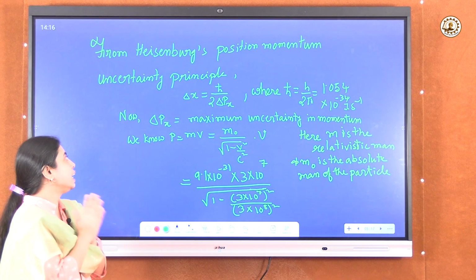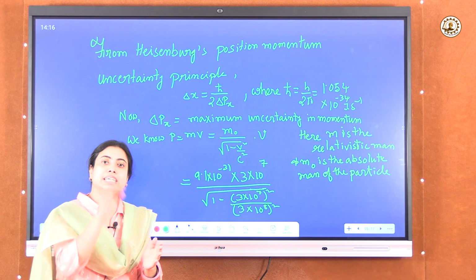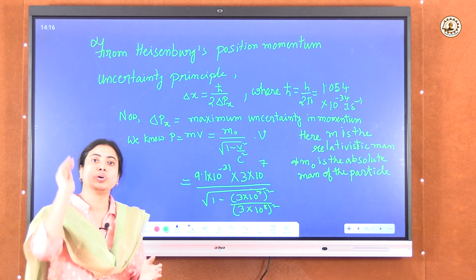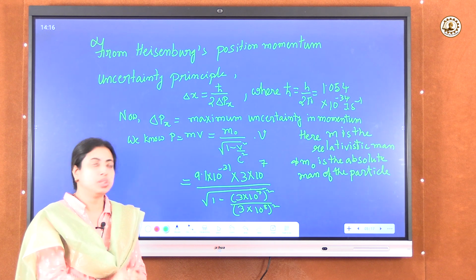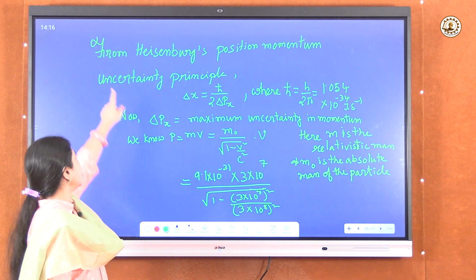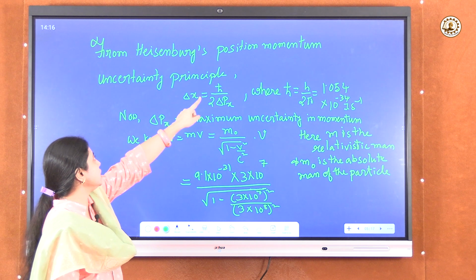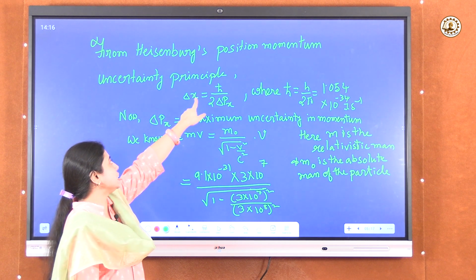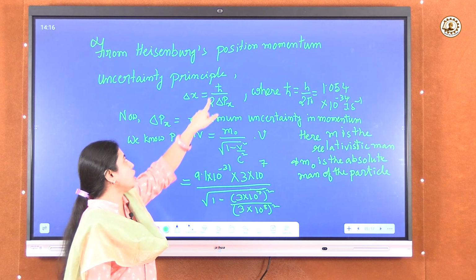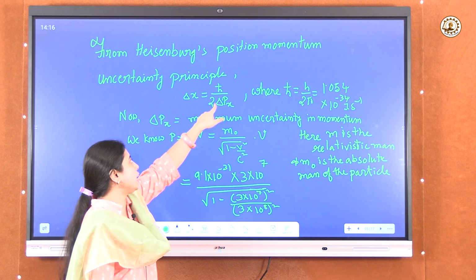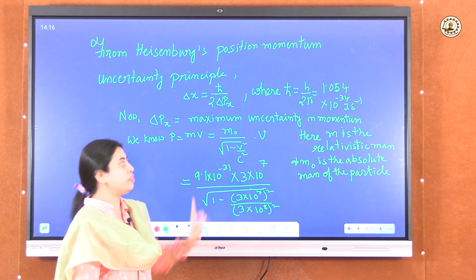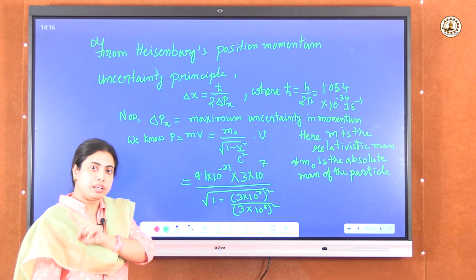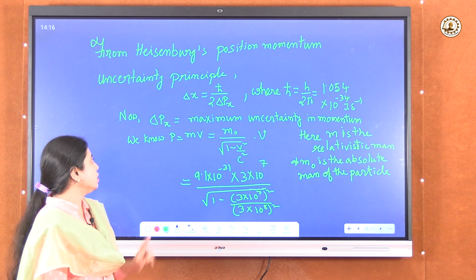Already you have seen Heisenberg uncertainty principle is del x del p greater than or equal to h cross by 2. So if that is the case, from Heisenberg's uncertainty principle we can write del x equal to h cross by 2 divided by del px, where del px is the uncertainty in the momentum of the particle.